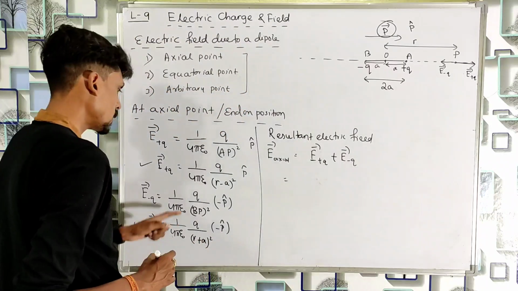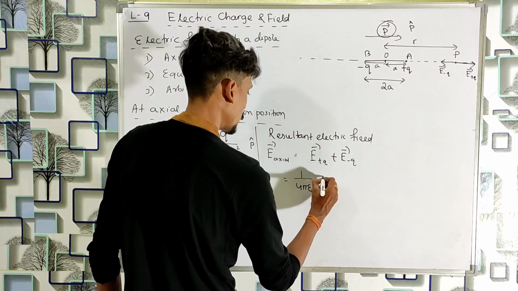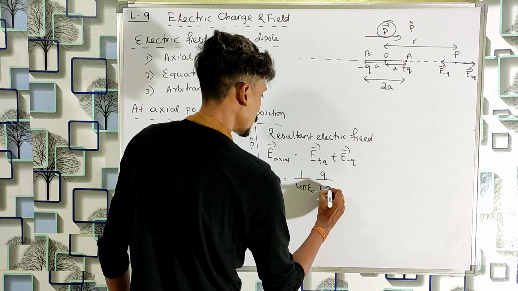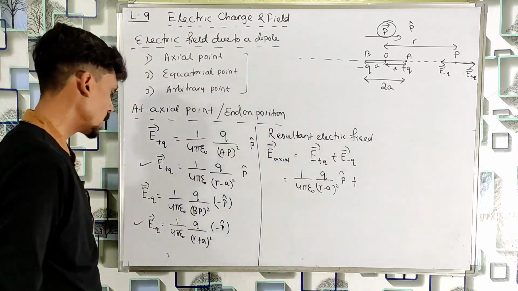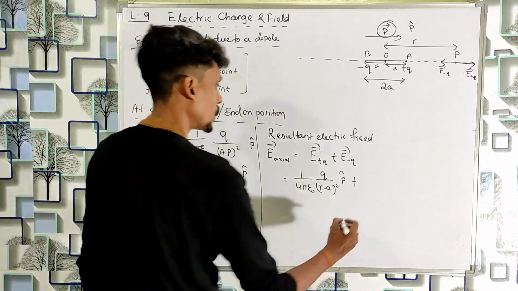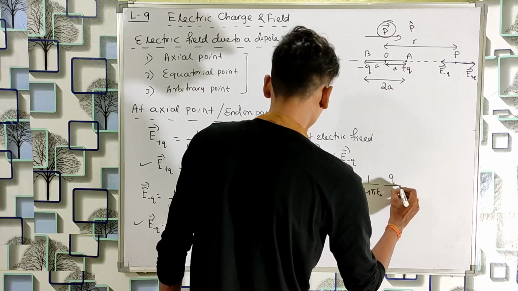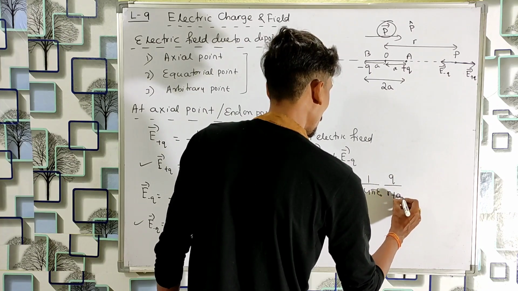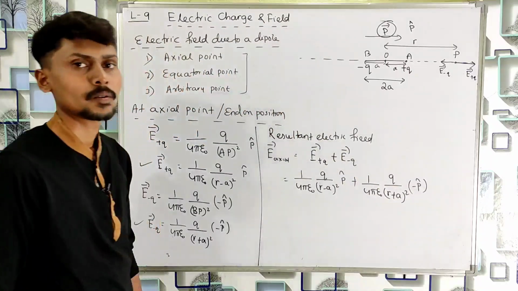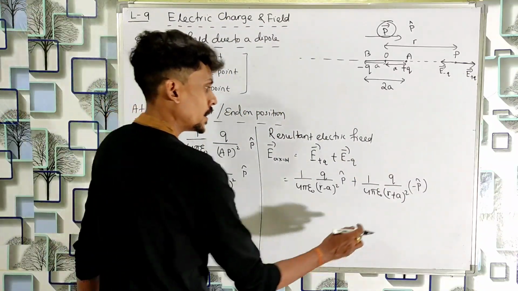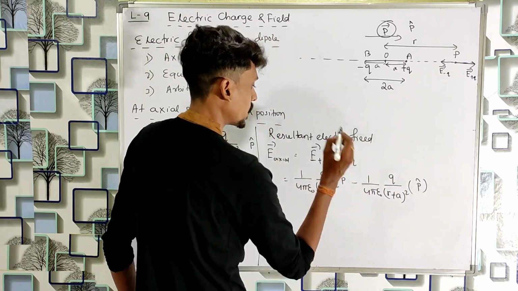So E plus Q is this much, 1 by 4 pi epsilon naught Q by R minus A whole square into P cap, plus E minus Q vector will be 1 by 4 pi epsilon naught Q by R plus A whole square into minus P cap. Okay, and this minus symbol you can take to this side.